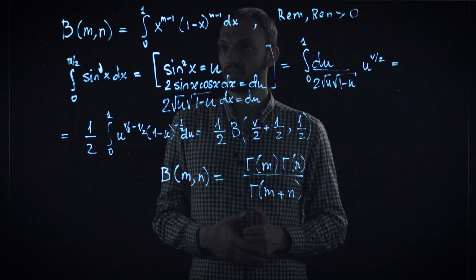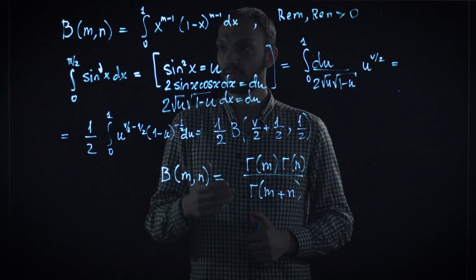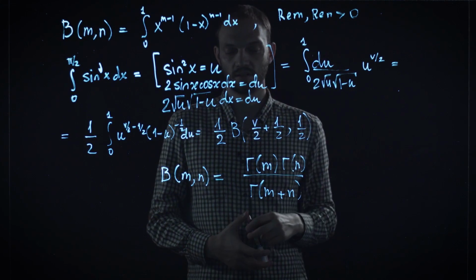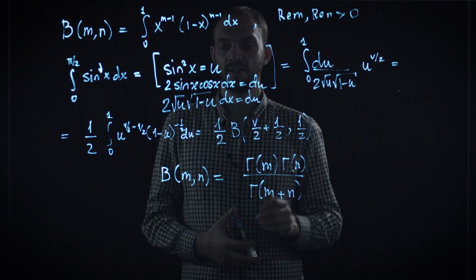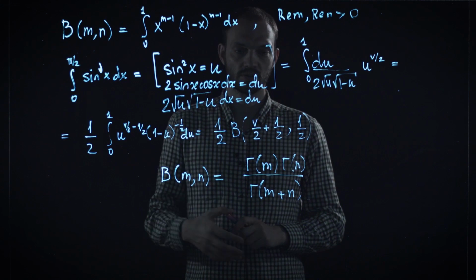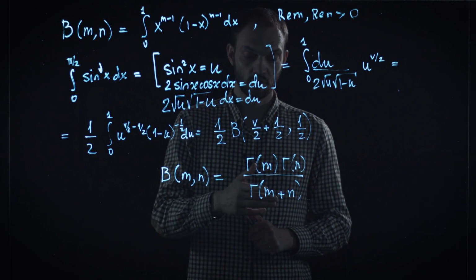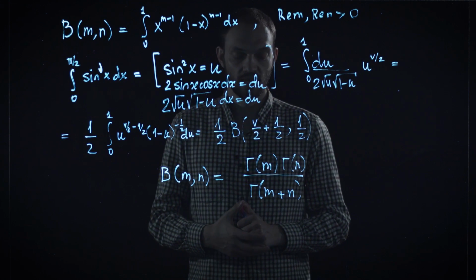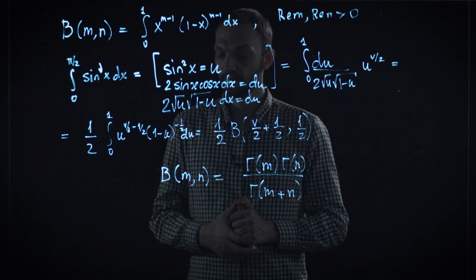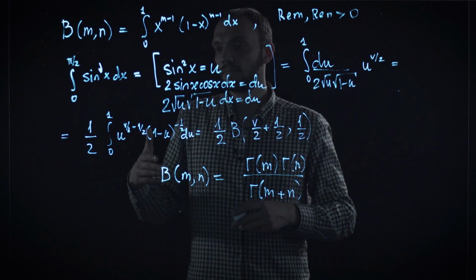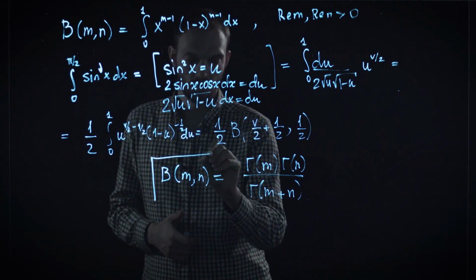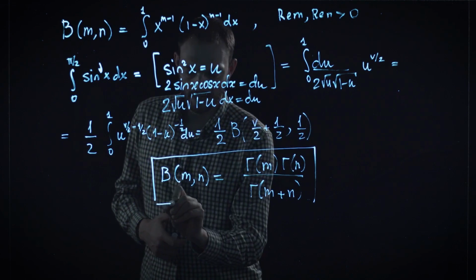Notice also that beyond simply an additional way to calculate this integral for real parts of m and n larger than 0, the right-hand side actually provides an analytical continuation of this function into almost the whole complex plane, beyond, of course, poles of the gamma functions in the numerator and zeros of the gamma function in the denominator. With this in mind, we will now concentrate on the proof of this very useful identity.